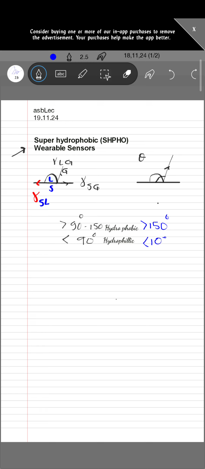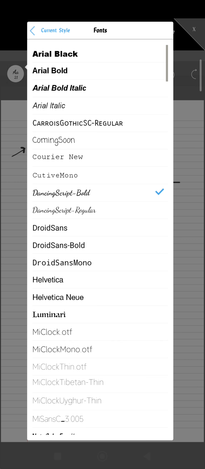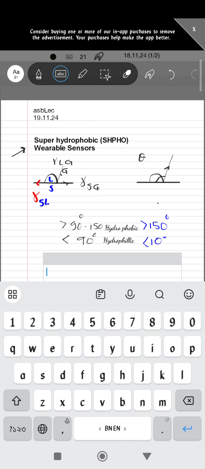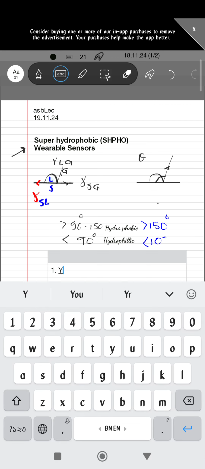Now there are three different models based upon these hydrophilic and hydrophobic properties. The first one is Young's model.